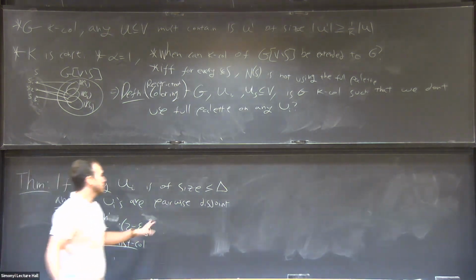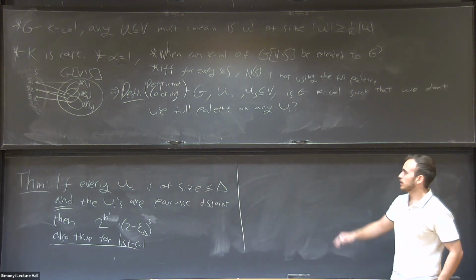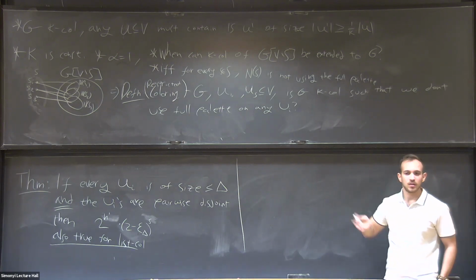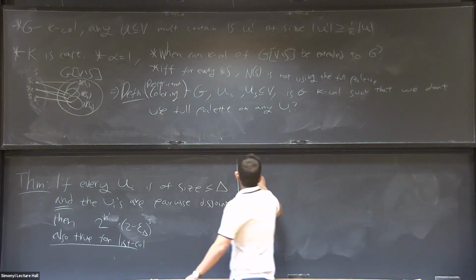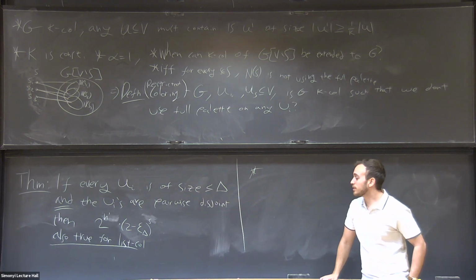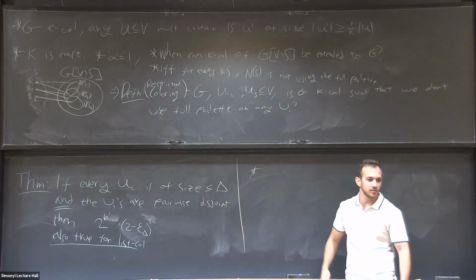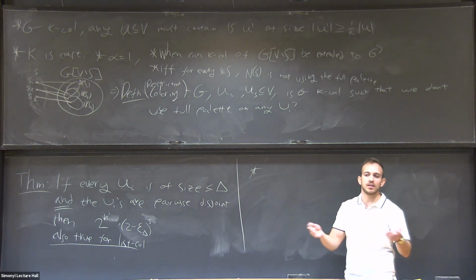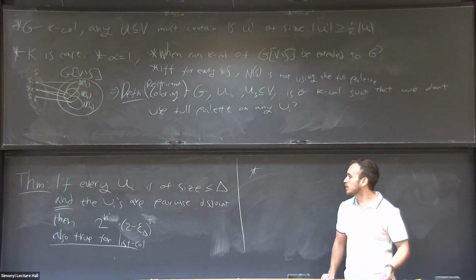Okay, so without proving this, let's begin by saying why this implies at least what we want for bounded degree graphs. For bounded degree graphs, we can have these two assumptions. As Avi said, the assumption about the size of the neighborhoods is trivial, because if all of the degrees are bounded by, let's say, delta, then also the neighborhoods of the independent sets are bounded by delta.